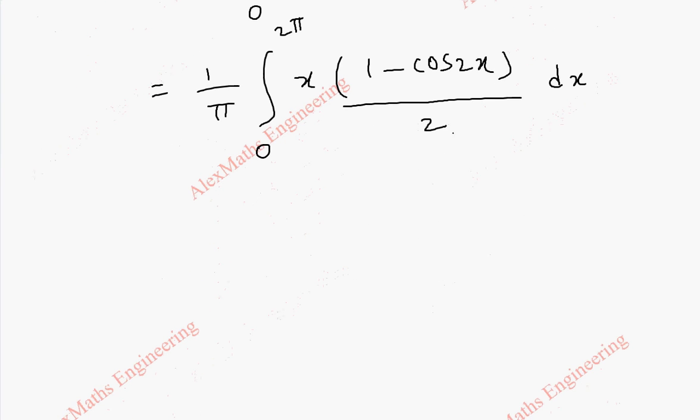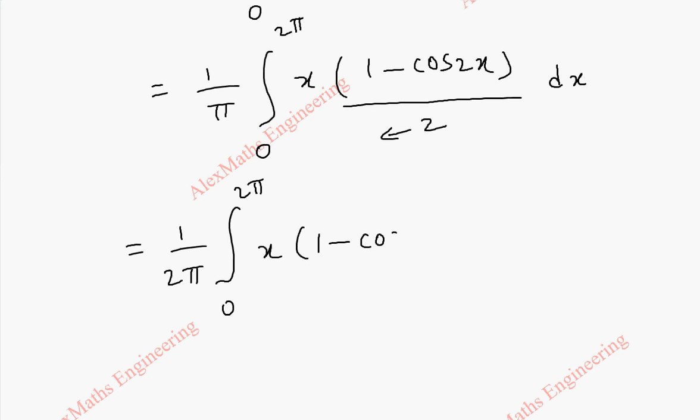Now taking this 2 as usual outside the integration, we have 1 by 2 pi integral 0 to 2 pi x into (1 minus cos 2x) dx.